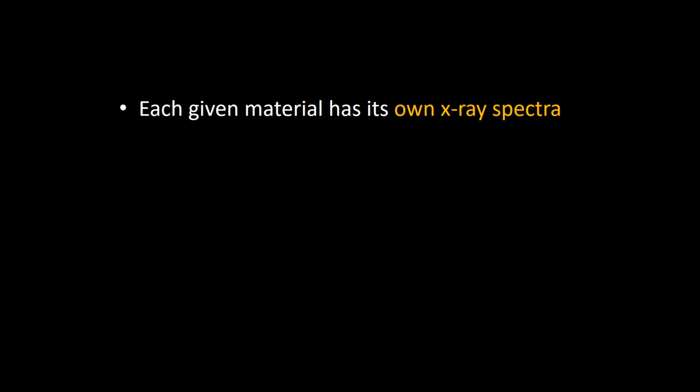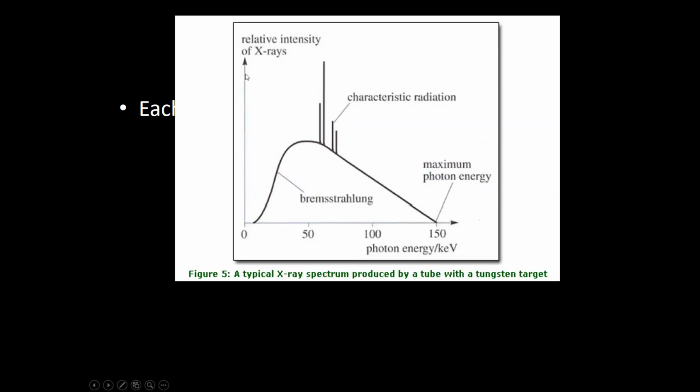Each material has its own X-ray spectra, and if you look at an X-ray spectra, from 0 up to the max kV, the maximum photon energy, most of the Bremsstrahlung X-rays are in this low spot. You have peaks of characteristic radiation produced per given material, and then you have the relatively fewer high energy photons created at the right aspect of the curve.